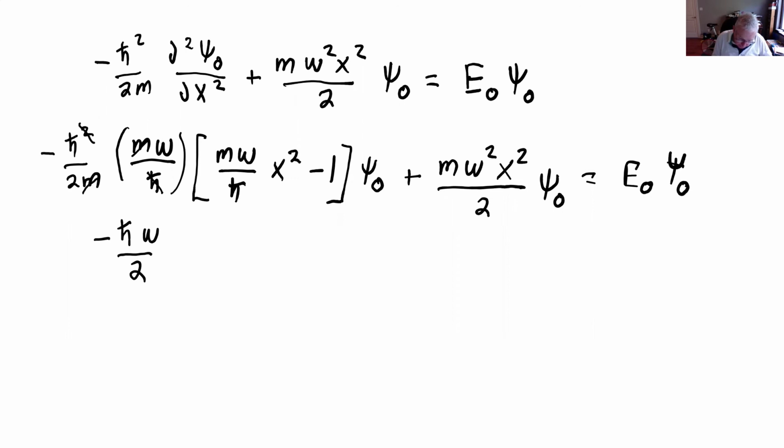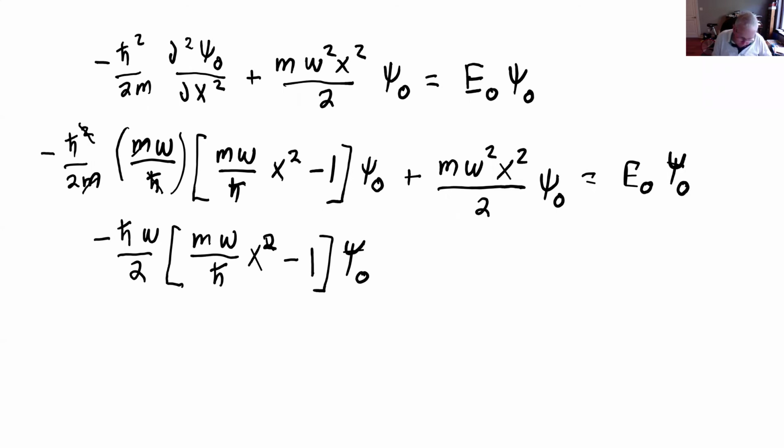And then this piece is still the same, my m omega over h bar x squared minus 1, still multiplying psi 0.